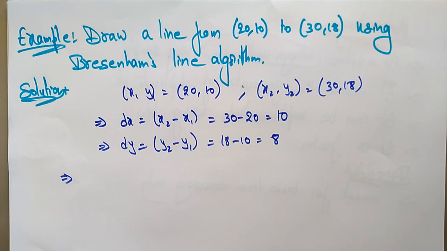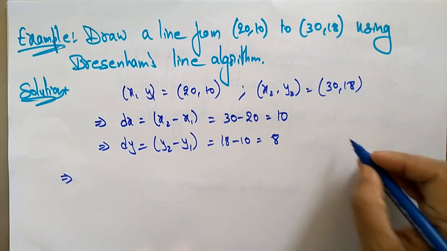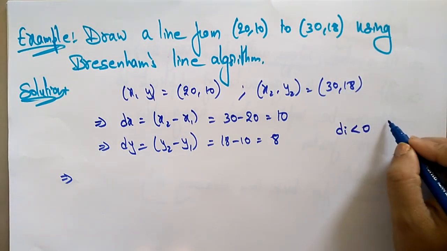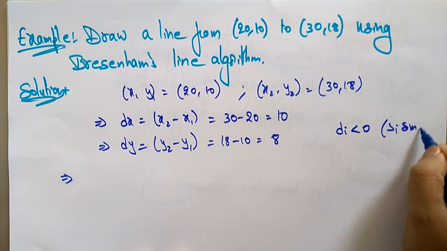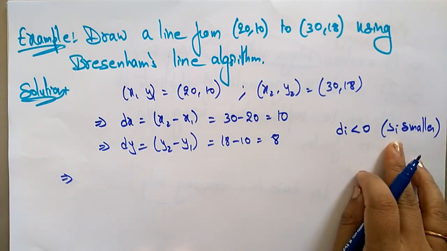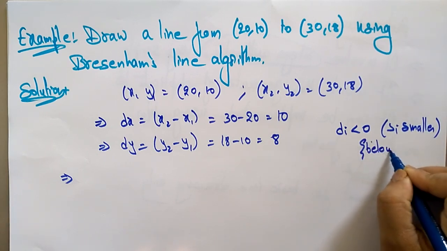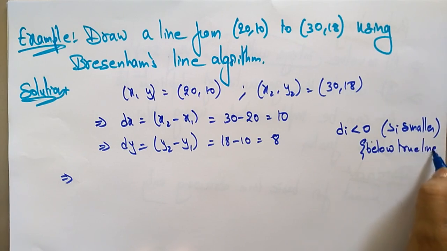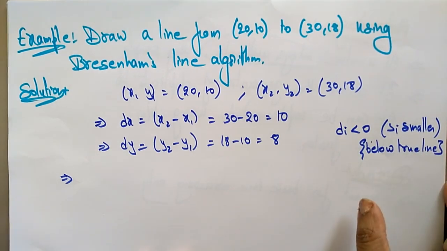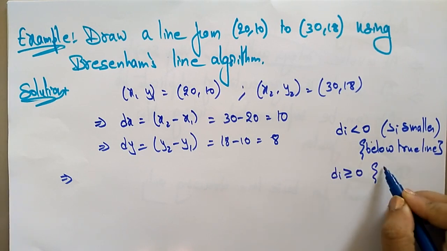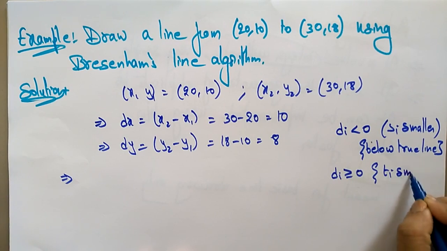Whenever the decision parameter is less than 0, then the closest pixel is below the true line. Let me just recall: if the decision parameter is less than 0, then S_i is smaller, and that you have to accept. It means the pixel present below the true line, that pixel you need to accept. Suppose the decision parameter is greater than or equal to 0, then you have to declare that T_i is smaller.